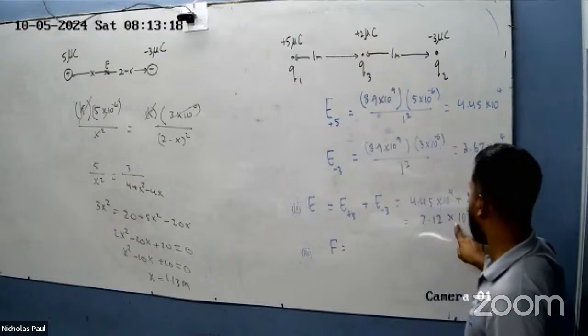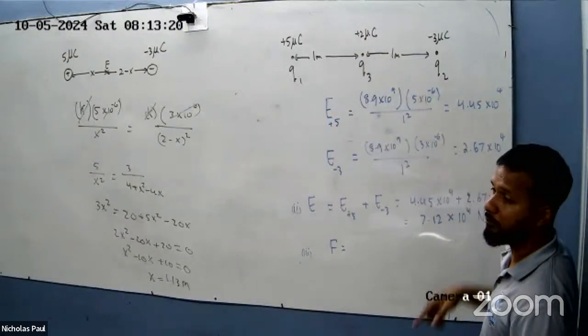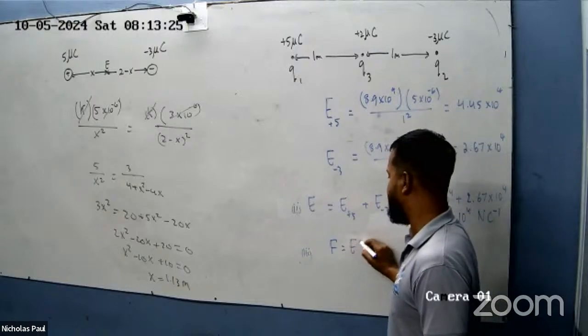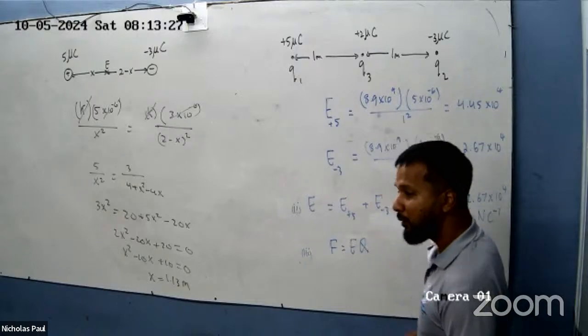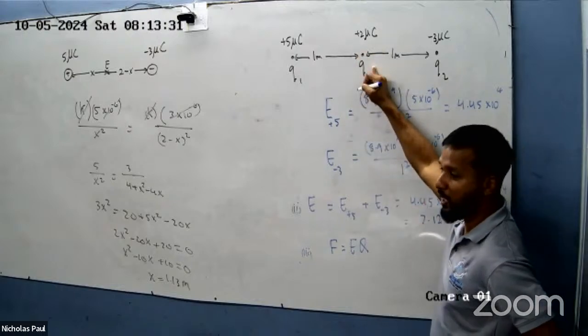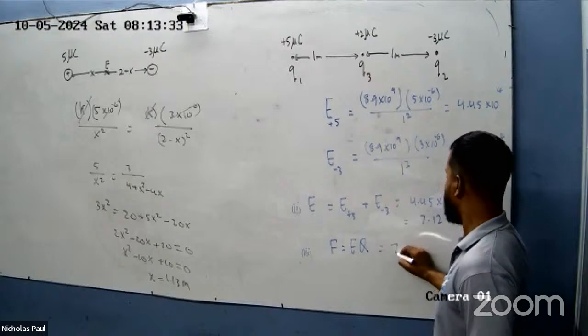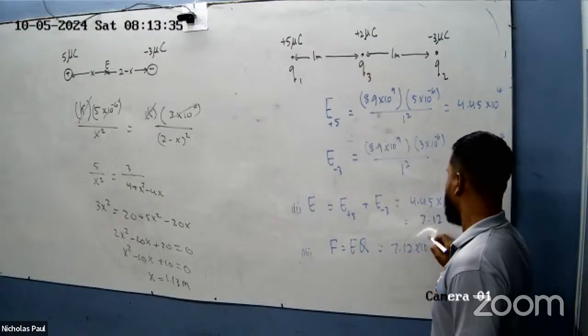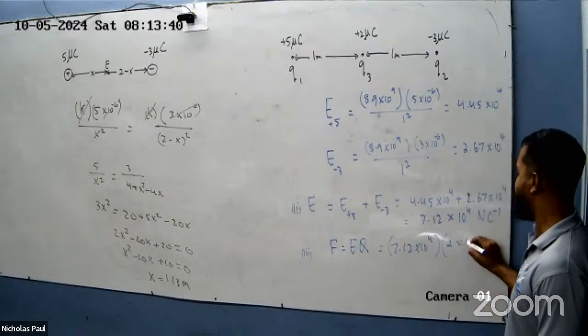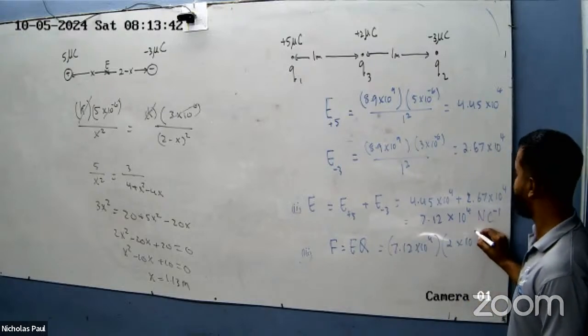You just found the electric field strength right there. F is equal to E, electric field strength, by charge. So that's the way you find the force. And the charge is 2 by 10 to the.